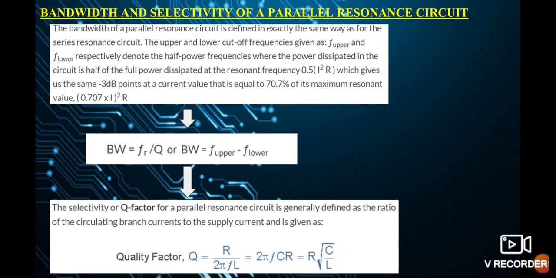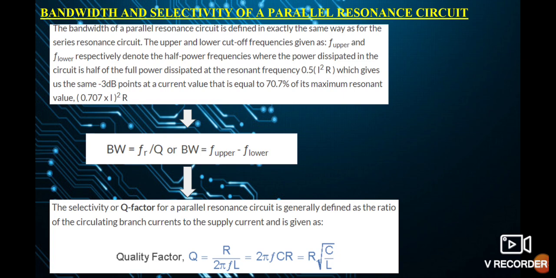The selectivity or the Q factor for a parallel resonance circuit is generally defined as the ratio of the circulating branch current to the supply current. The quality factor can also be calculated as 2 pi FL divided by the resistance, that is resistance divided by XL, or 2 pi FC into R, which equals R into root over C by L. So if any question asks to calculate the quality factor and only the XL value or only the XC value is given, we are going to use this formula.